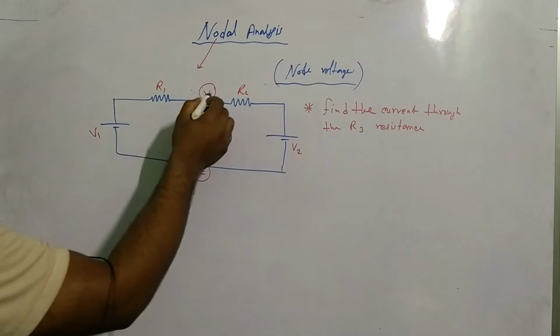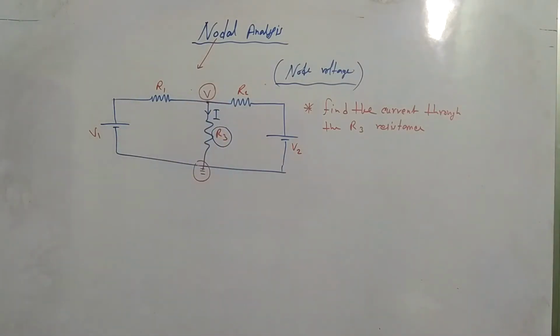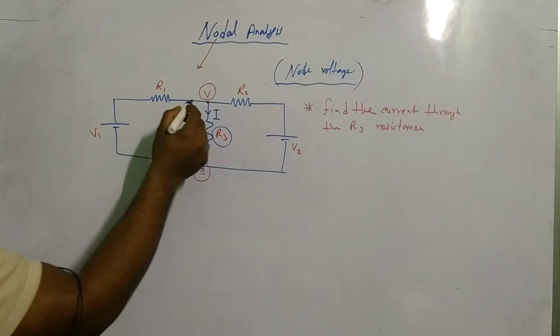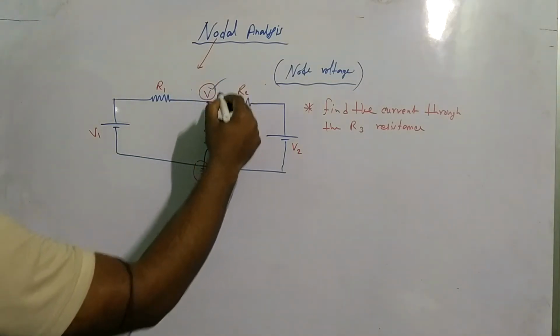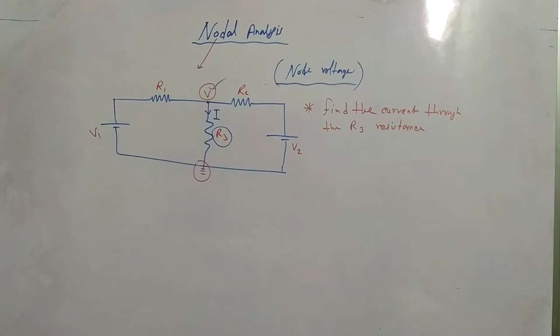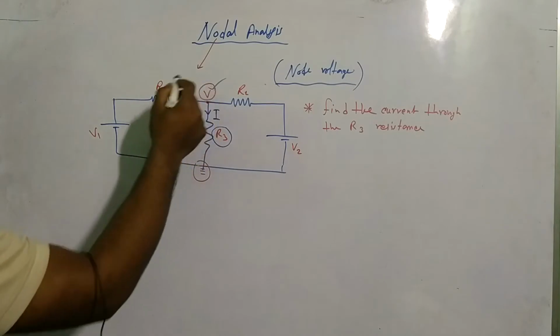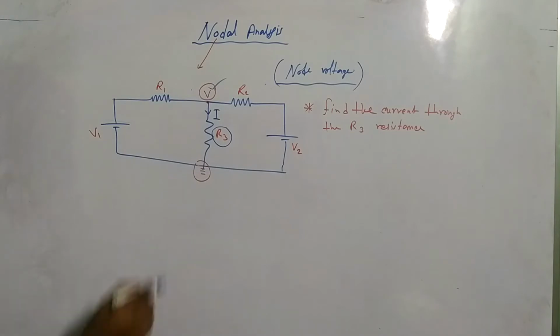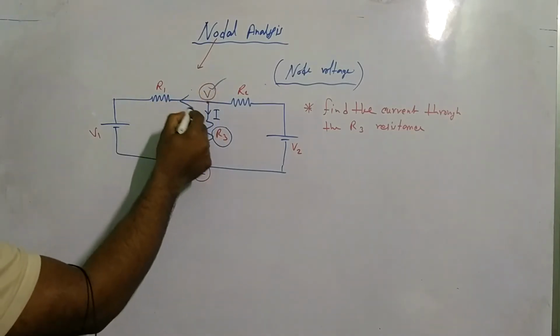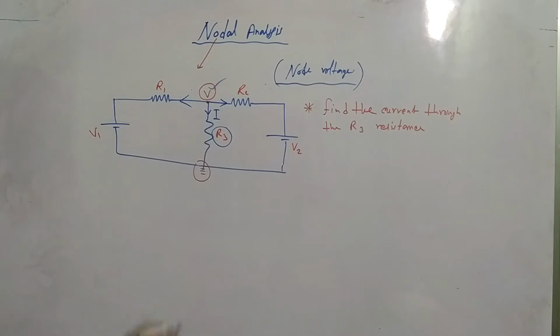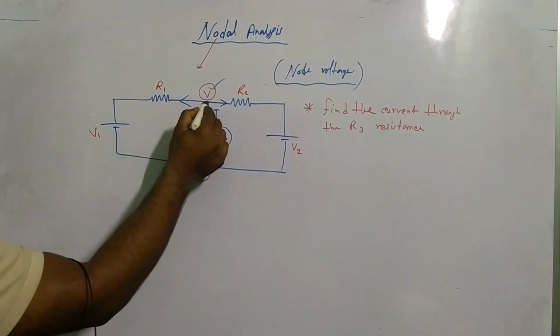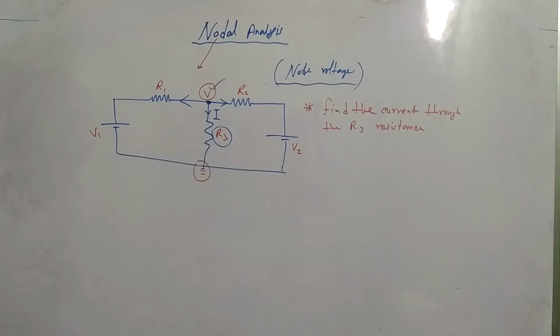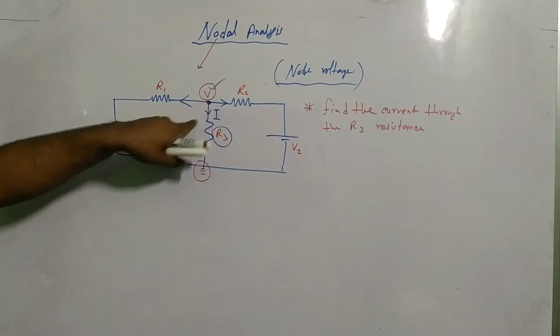When I am applying nodal analysis at a point, I consider this voltage as the higher voltage and this as the lower voltage. Always consider this as the higher voltage, so from higher to lower the current will flow. From this point all currents are leaving.